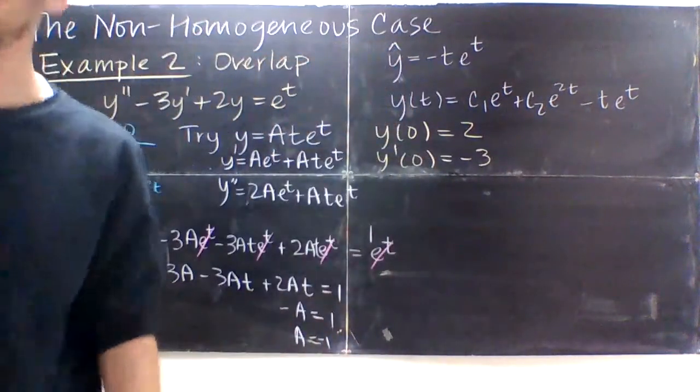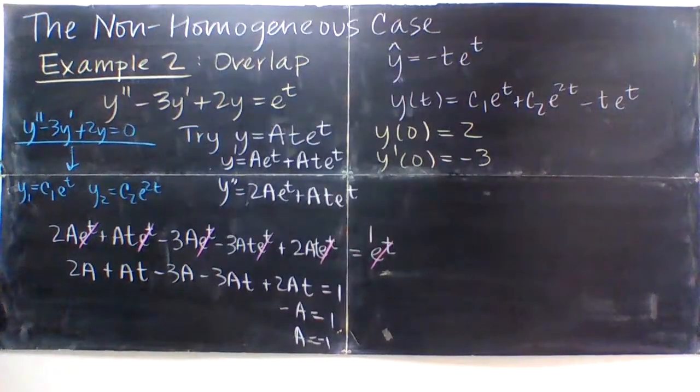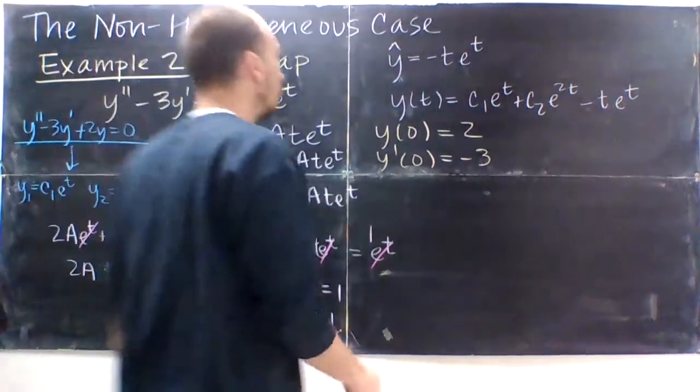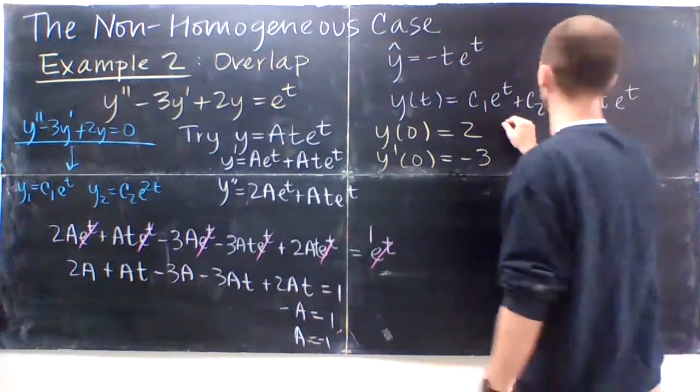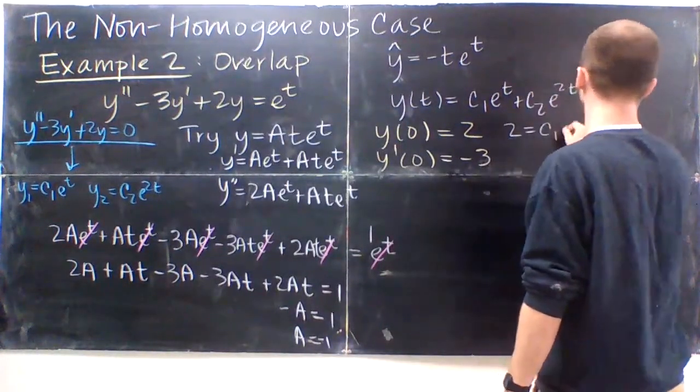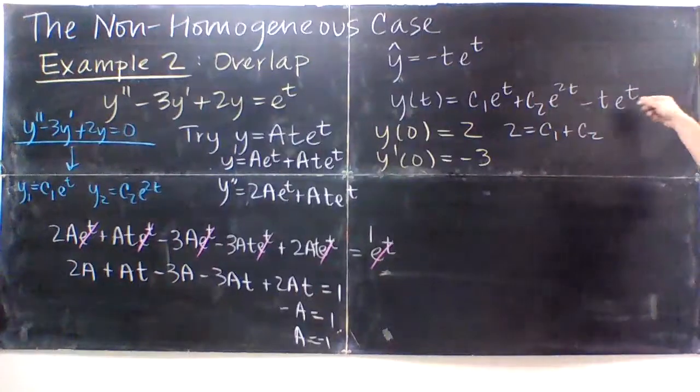I don't know. I haven't worked this example all the way with initial conditions, so I don't know if I've just boxed myself into a bad scenario, but it'll be all right. So if y of 0 equals 2, then I'll have 2 is equal to c1 plus c2 plus minus 0.